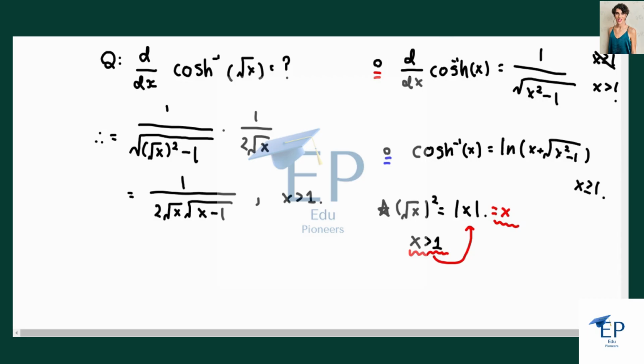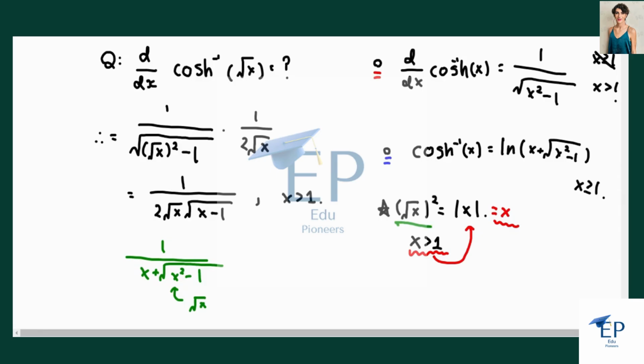I'm not going to go into detail, but simply put, we're going to have it in the form 1 over x plus the square root of x squared minus 1, and instead of x, you would be using the square root of x.